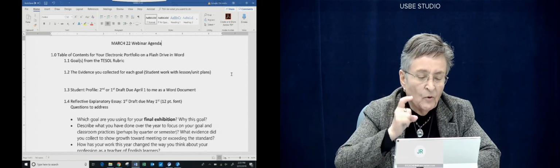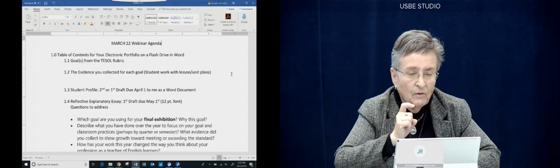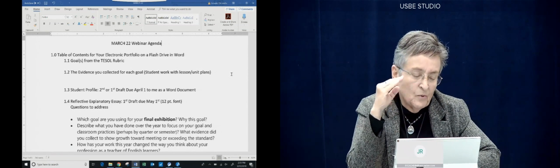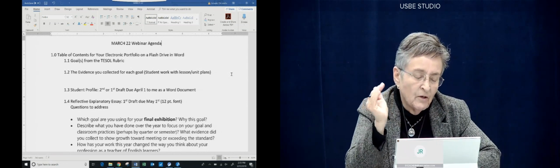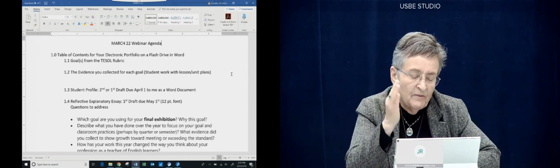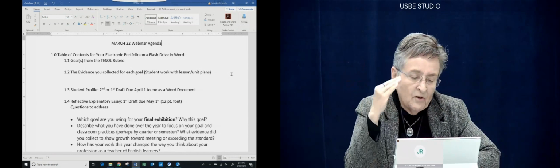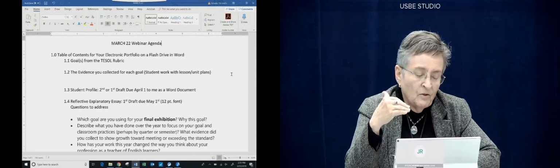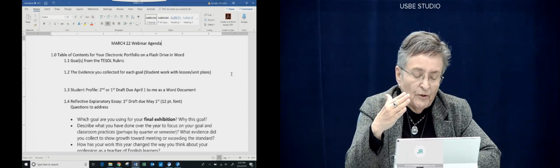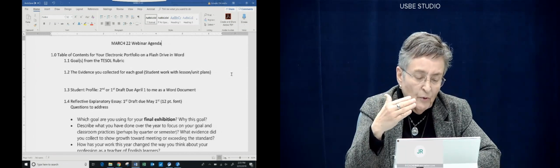So you have the goals from the rubric, organized exactly the way it's organized in the rubric in relationship to performance indicator, and then levels of meeting the standard or exceeding the standard. Then you'd have evidence for each of the goals, and then you'd have your final draft in your portfolio of your student profile.